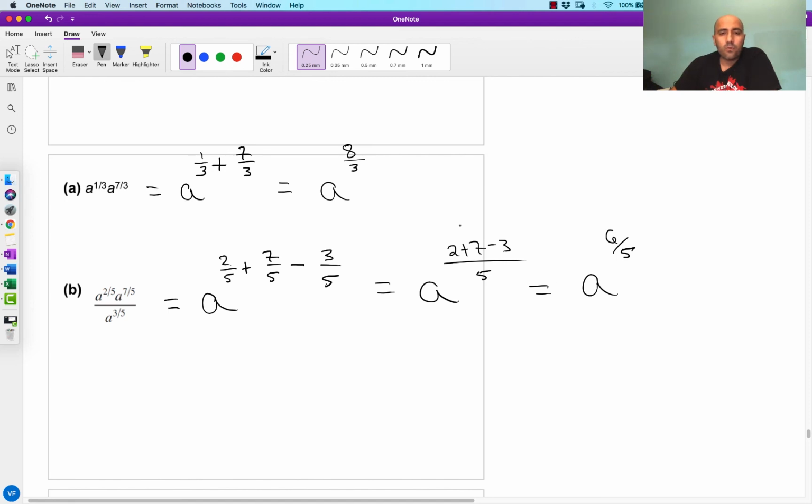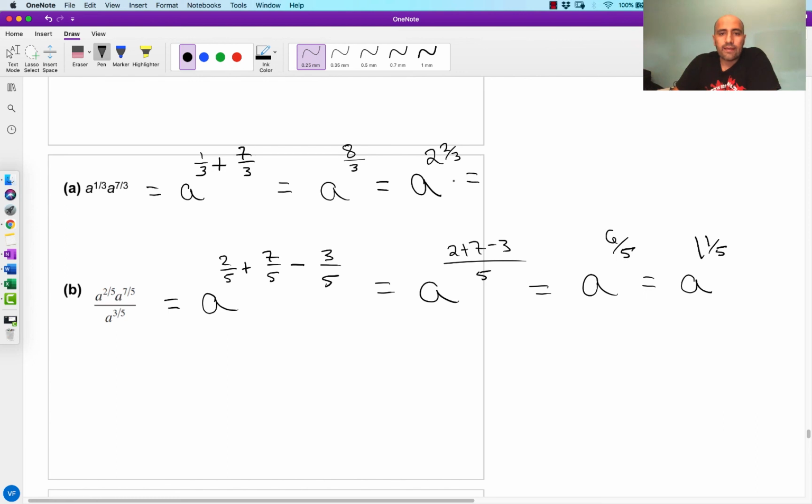And now, well, I'm not sure how they're going to want you to leave these. If we went ahead and converted them into a mixed number, this would be a to the power of 2. It goes into it 2 whole times, and then there's 2/3 remaining. And then here, this would be equal to a to the power of 1, and then 1/5 remaining. Good.